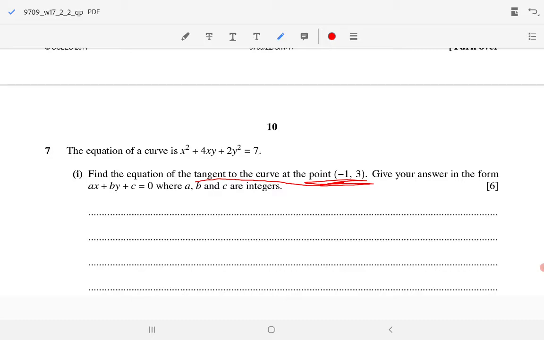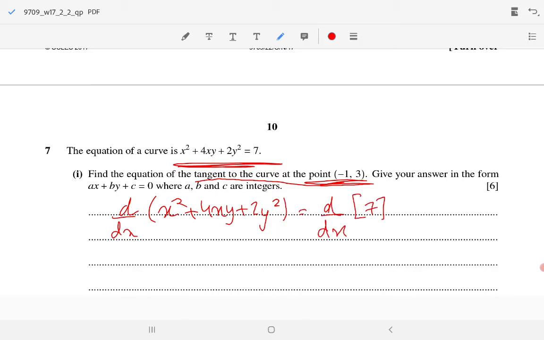For the tangent we need to find the gradient, which is basically dy by dx. In this case, since x and y are all combined, we can take the derivative of both sides. The derivative of x squared plus 4xy plus 2y squared equals the derivative of this, which is going to be 0, because the derivative of any number is always 0.